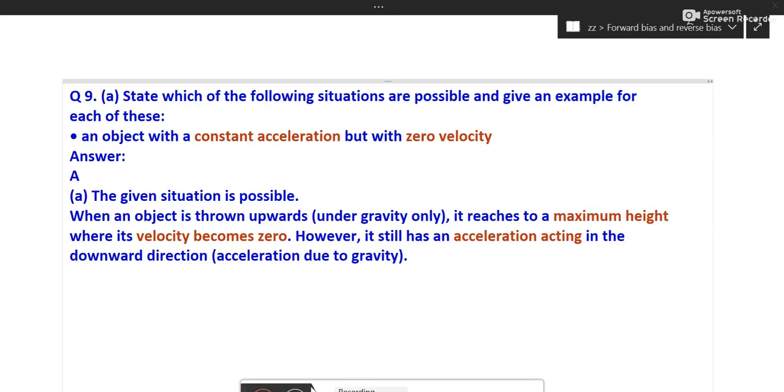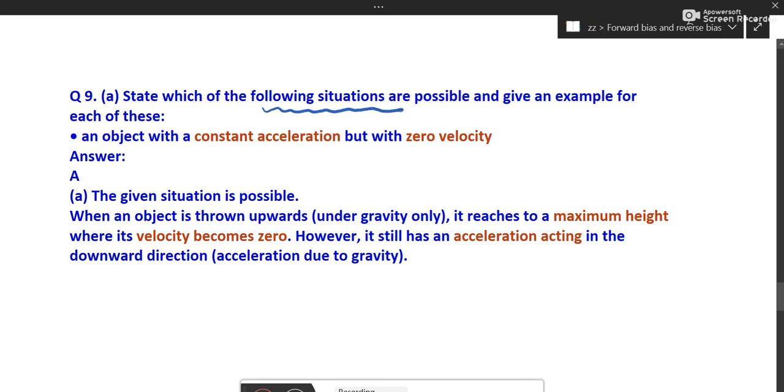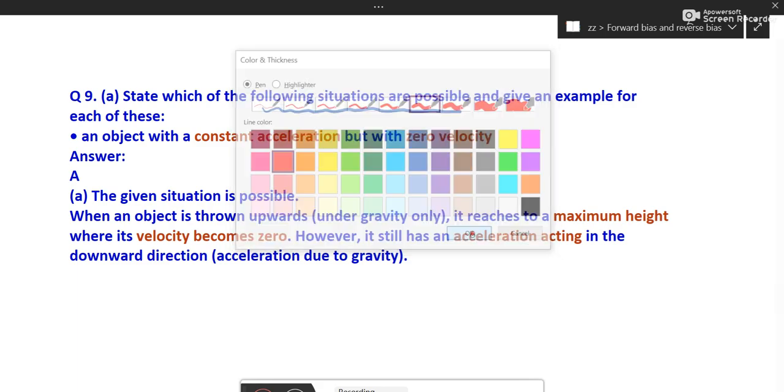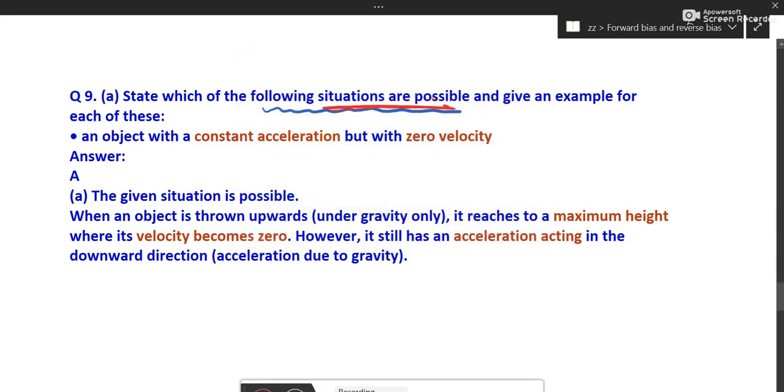So let us now look at the next question, in which we have to tell whether the following situations are possible or not. If they are possible, we have to give an example. An object with constant acceleration but zero velocity.